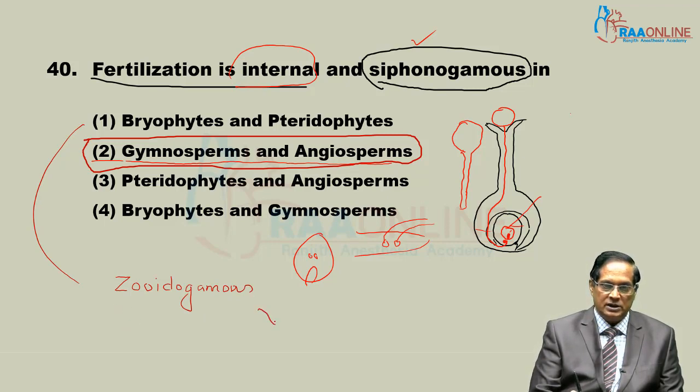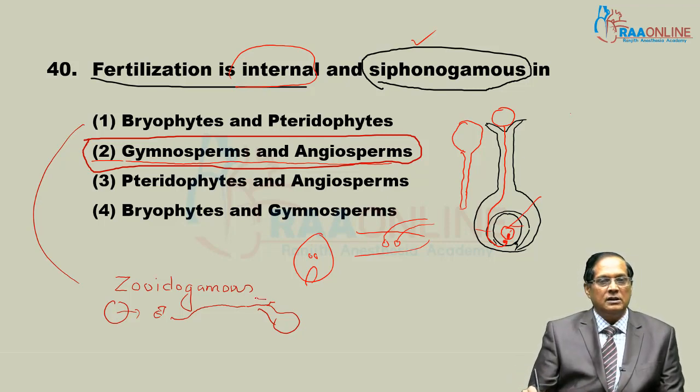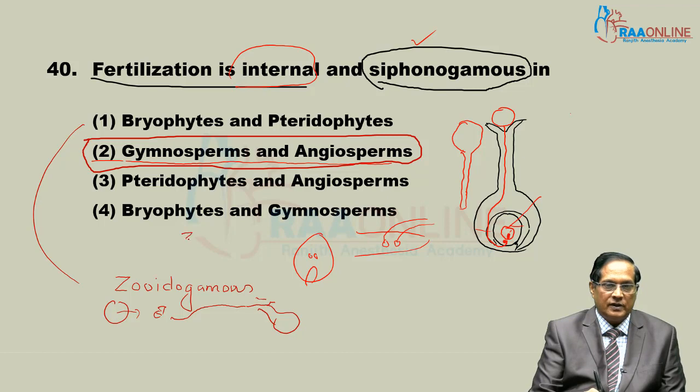This is the archegonium neck. This is the antheridium. The antheridium releases male gametes in water, and the gametes reach the neck of the archegonium by swimming in water. If the male gamete is motile, for motility there is the word zoo.